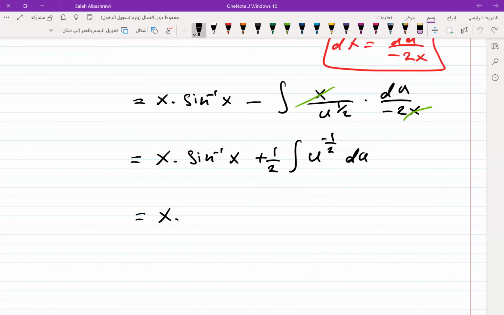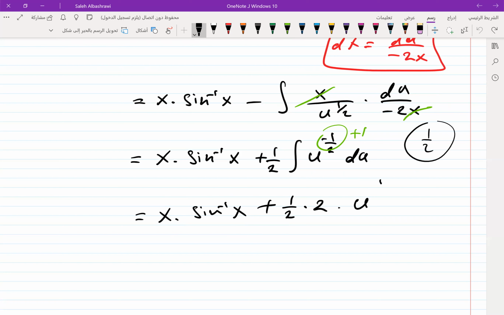That will be x multiplied by sine inverse x plus, for the integration, add 1 to the power, it will be 1/2, and divide. I will have 1/2 divided by the power, which is 1/2, so it will be 2 multiplied by u to the power 1/2.